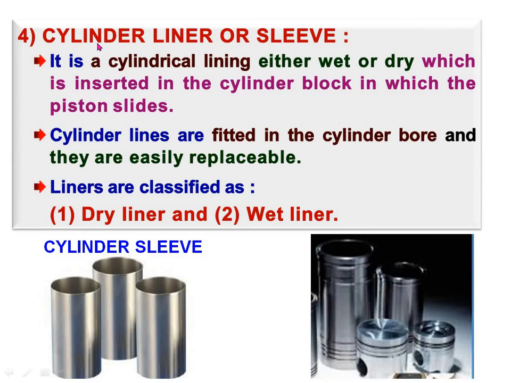Now, fourth is the cylinder liner or sleeve. Means in the engine block there is a space for the cylinder. So in that cylinder we fit either the cylinder liner or sleeve. See, this is the cylinder liner, and this is the cylinder sleeve. If we want minimum replacement cost of the cylinder liner, then instead of the cylinder liner we use the cylinder sleeve.